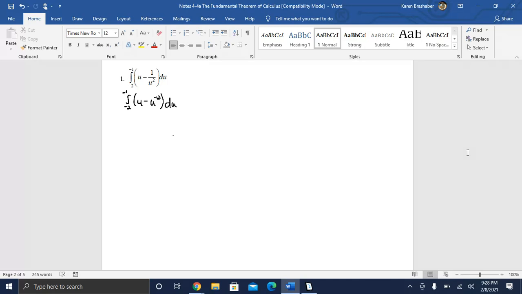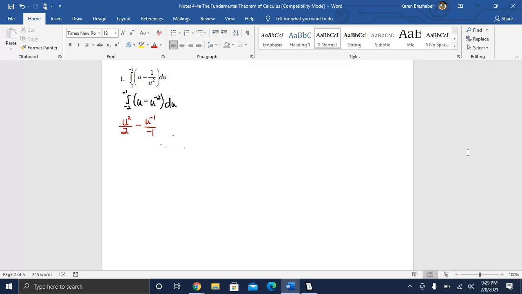And then we'll do the antiderivative. So for the u, that would be u squared over 2. I'm going to erase that and make that look a little bit better. And then for the second part of that, we'll have minus u to the -1 over -1.